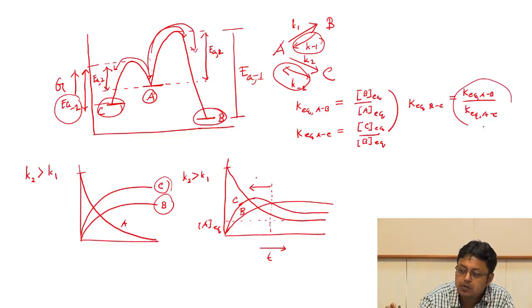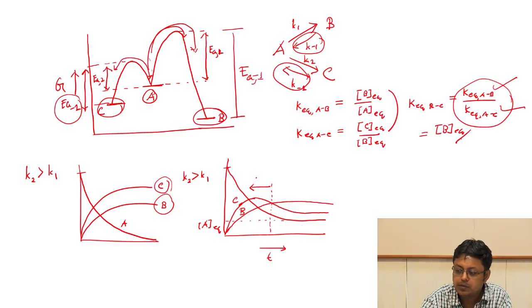Now if the AB equilibrium constant is higher than the AC equilibrium constant, which is nothing but the ratio of B equilibrium by C equilibrium, we'll see that B will have more population, the amount of B will be more at equilibrium than C.